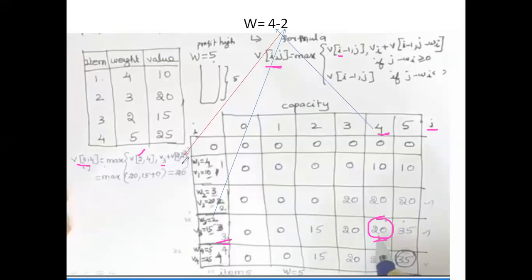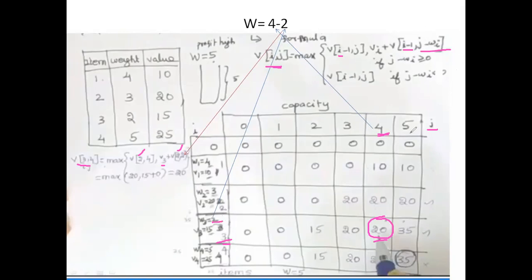So V3 plus V of 3 minus 1, 2, and J minus Wi. So J is 4. So 4 minus the corresponding weight, 2. So 4 minus 2.